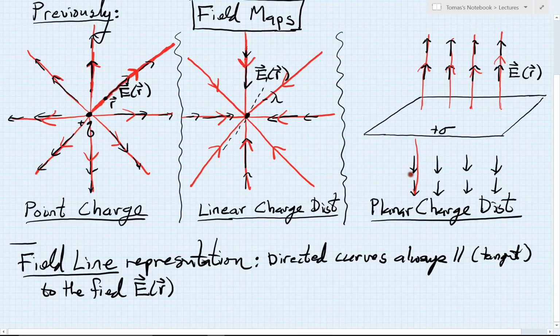So these lines go straight down like so. The switchover where the lines switch direction is right when they make contact with the surface of the plate, because the second you switch to below the plate, at that very instant, your line will be directed downwards. So that's the basic definition.